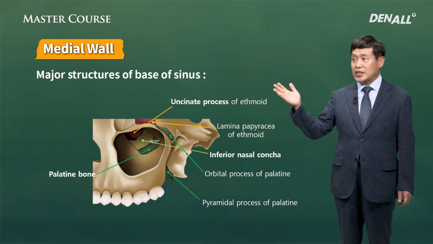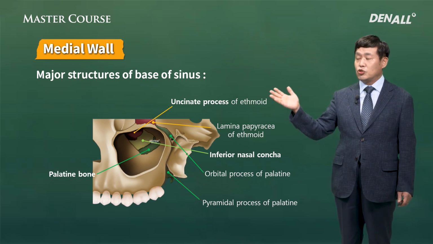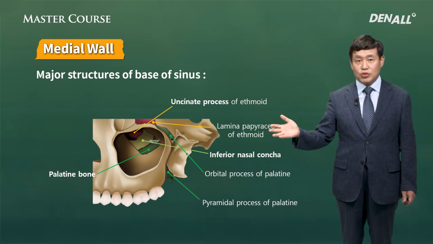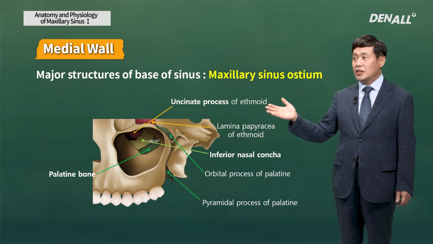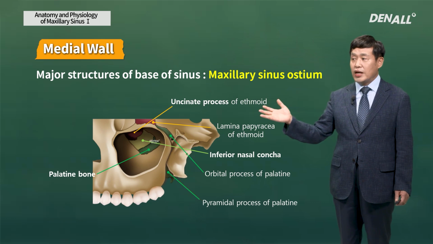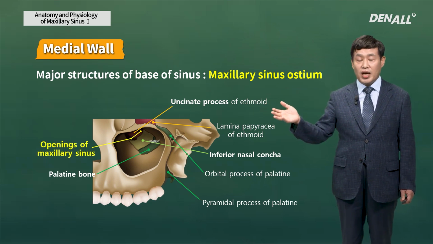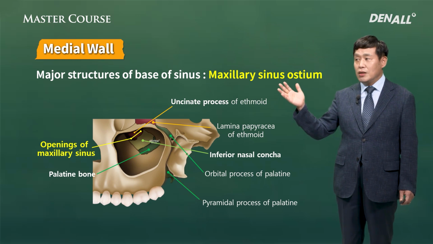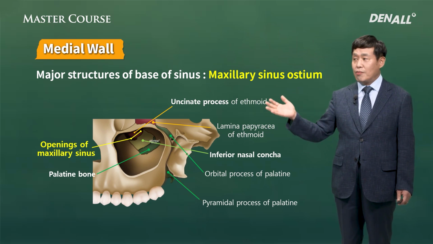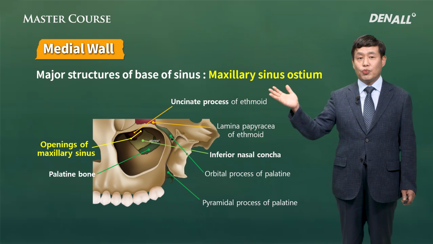So like this, the base of the sinus, the base of the pyramid in the medial wall, the most important part is the maxillary sinus ostium. Simply put, it is an opening for drainage to go to the nasal cavity. As I said, it is an opening between the inferior turbinate bone and ethmoid bone.